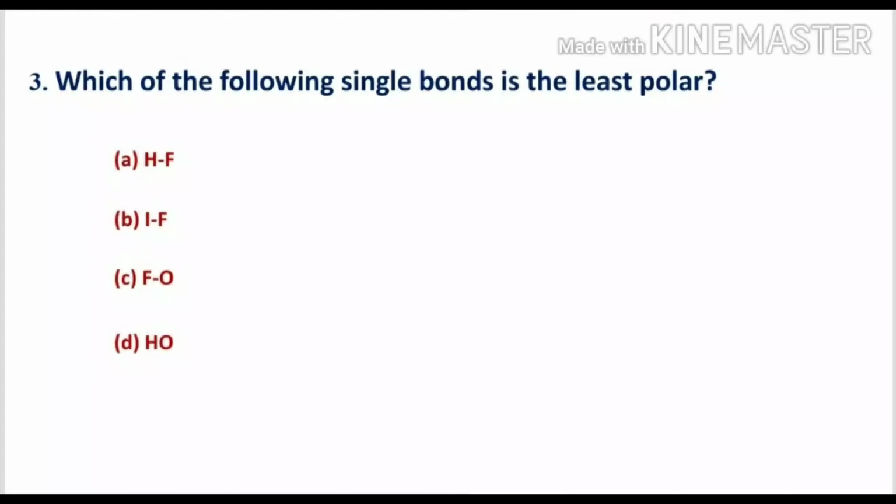In option C, fluorine and oxygen are very near each other, so the electronegativity difference is very small, and both have almost the same electronegativity value. So this may be the least polar bond. Option C is the correct option.